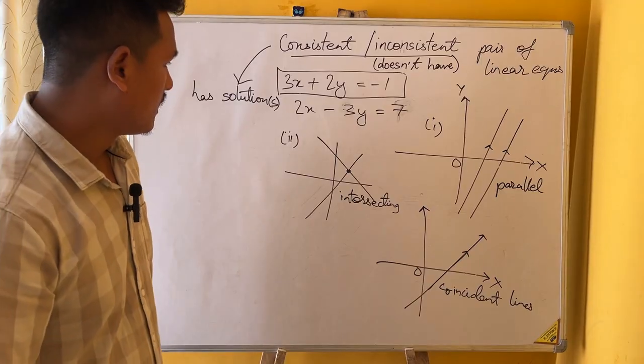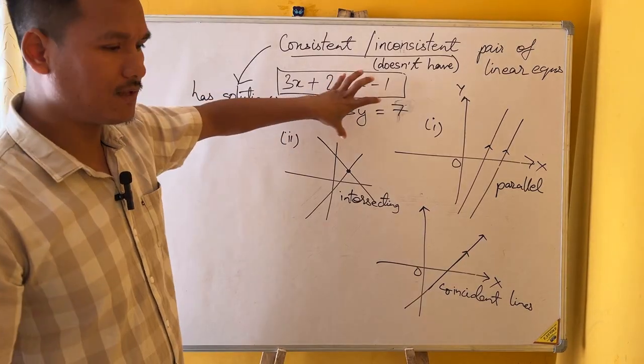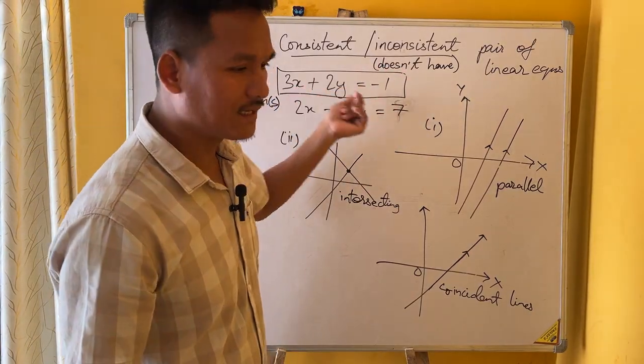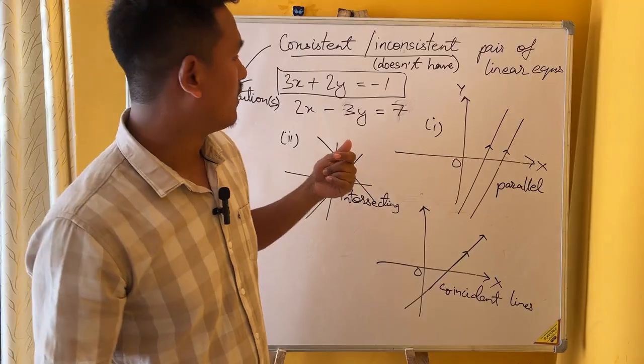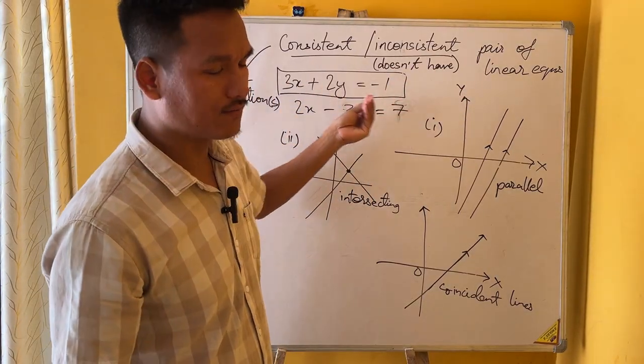Has a solution means when you solve them, you will get particular values of x and y. While for the ones which do not have a solution, you don't get that value of x and y.